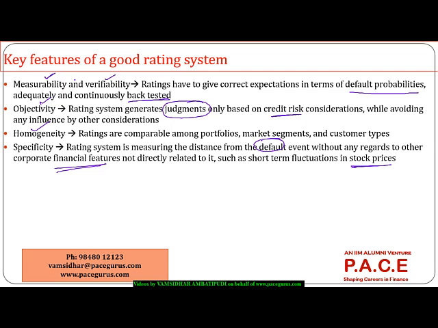It can't take everything based on the fluctuation in the stock prices and directly give credit ratings based on the fluctuations of the stock prices, especially the short-term fluctuation, right? So these are the four major dimensions: measurability and verifiability. A good rating system should give an objective rating, comparable, homogeneity should be there, and there should be enough specificity.